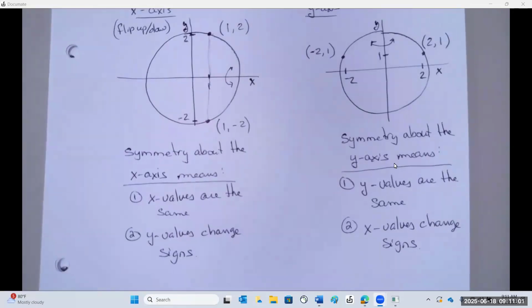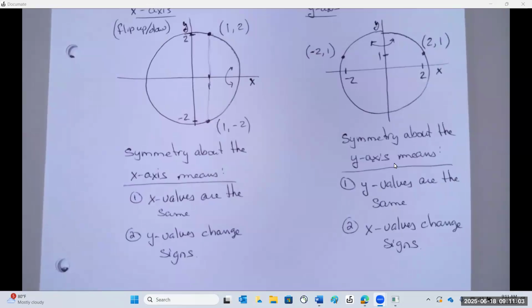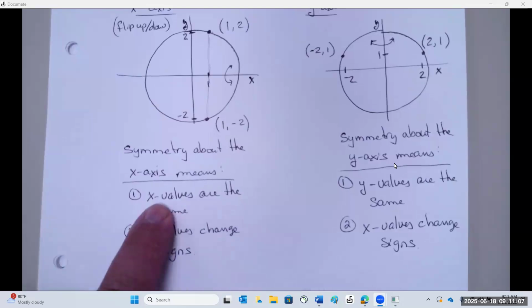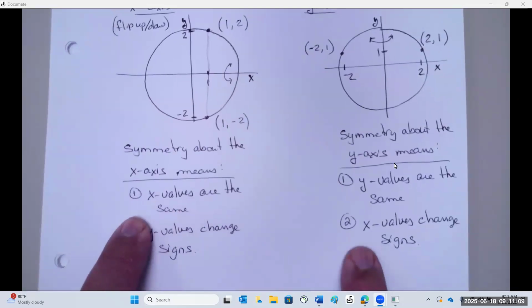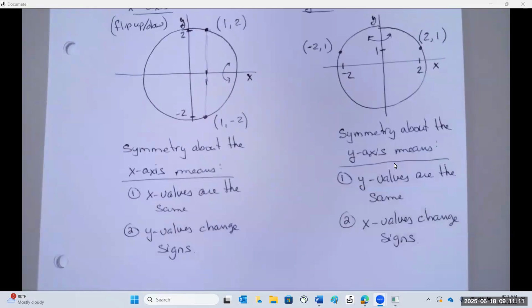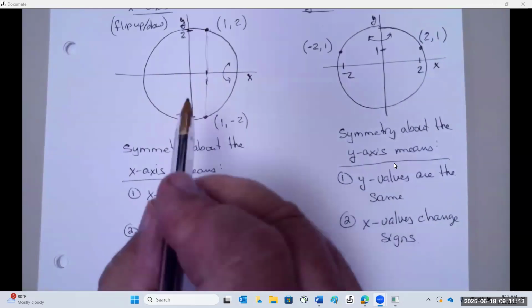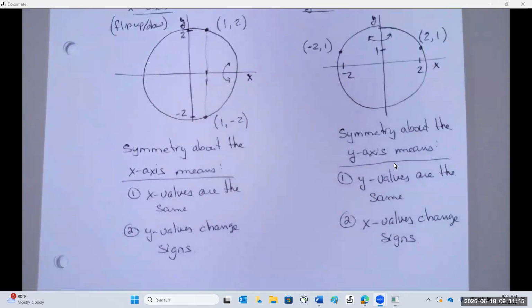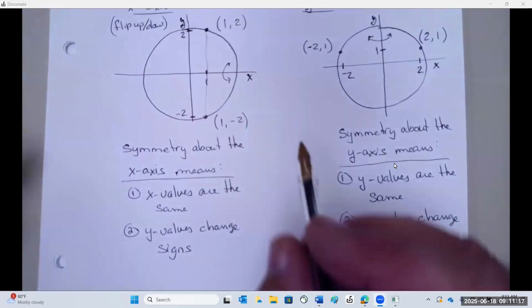So just backwards. Yeah, exactly. It's exactly opposites of each other. If you think about it, here the x values are the same and the y values change sign, and here the x values change sign. That's basically what it means to be reflective.